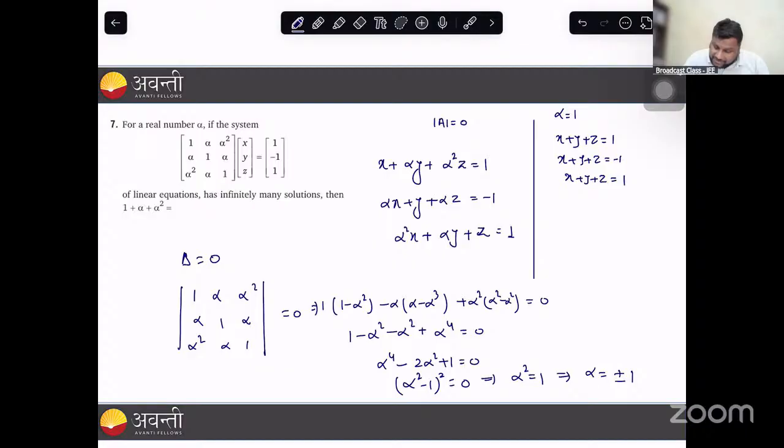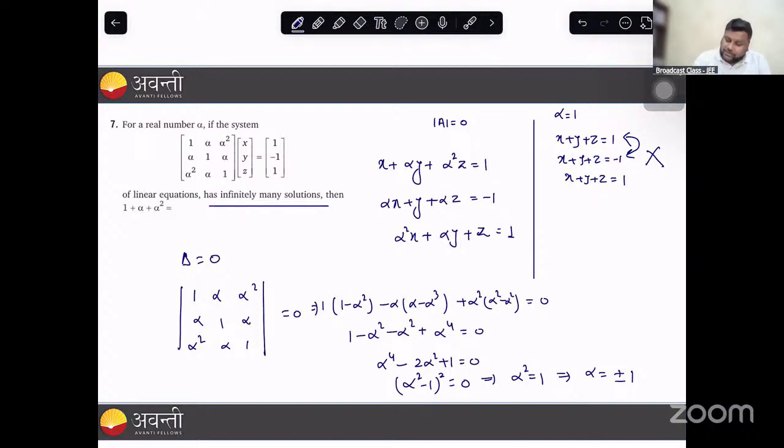Now it is very much clear we can never get any solution from these two equations. Yes or no? Can we ever get a solution from x plus y plus z equals 1 and x plus y plus z equals minus 1? That automatically means 1 equals minus 1. So this will give us no solution, whereas in the question they are asking for infinitely many solutions.